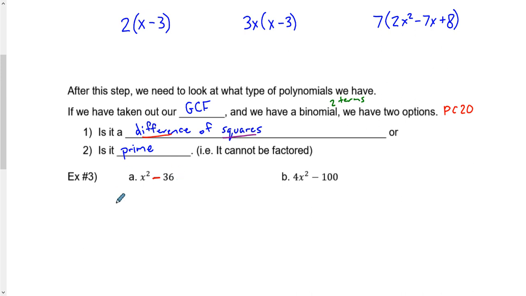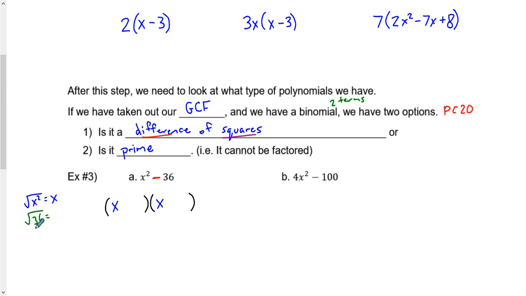In order to properly factor a difference of squares, it is extremely simple. You make two sets of brackets. You take the square root of that first term, so the square root of x squared. Here, put that as a side note. The square root of x squared is x. We're going to put that in the first spot of each of these brackets. Then we're going to take the square root of 36.